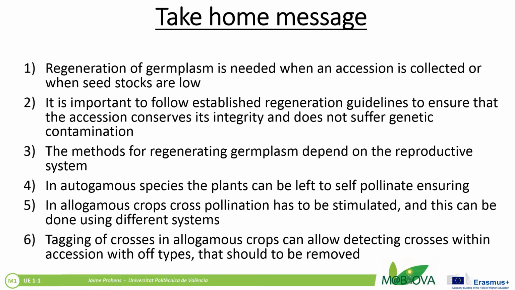The most important messages of this subunit are: first, regeneration of germplasm is needed when an accession is collected or when seed stocks are low. Second, it is important to follow established regeneration guidelines to ensure that the accession conserves its integrity and does not suffer genetic contamination. Third, the methods for regenerating germplasm depend on the reproductive system.